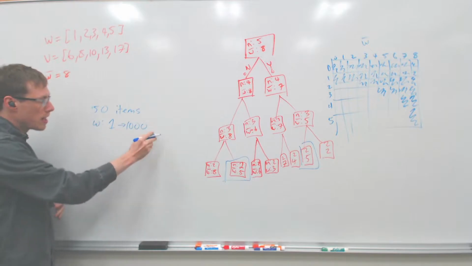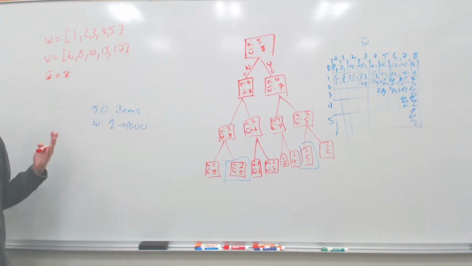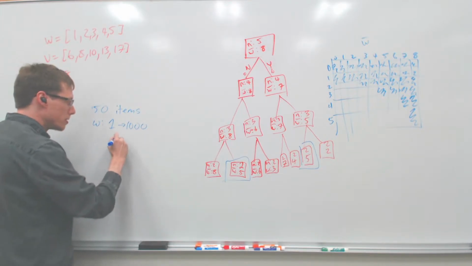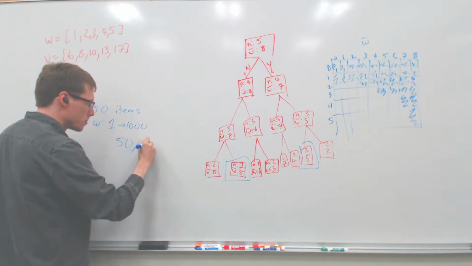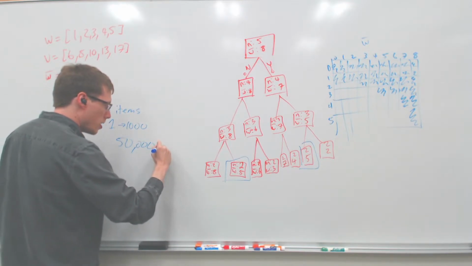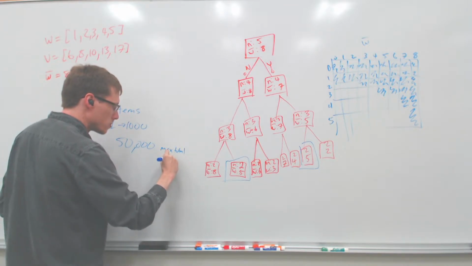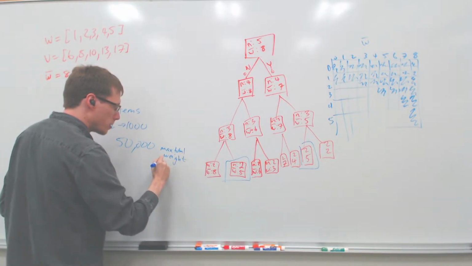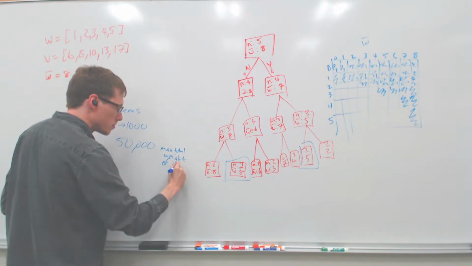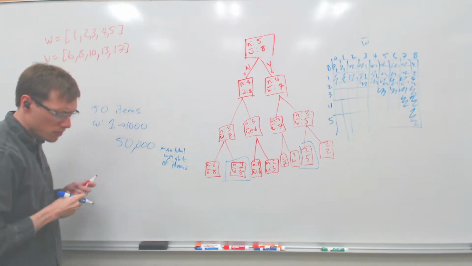Well, if they all weigh 1,000 and we have 50 of them, that's a total of 50,000 for the max total weight of the items. Easy.